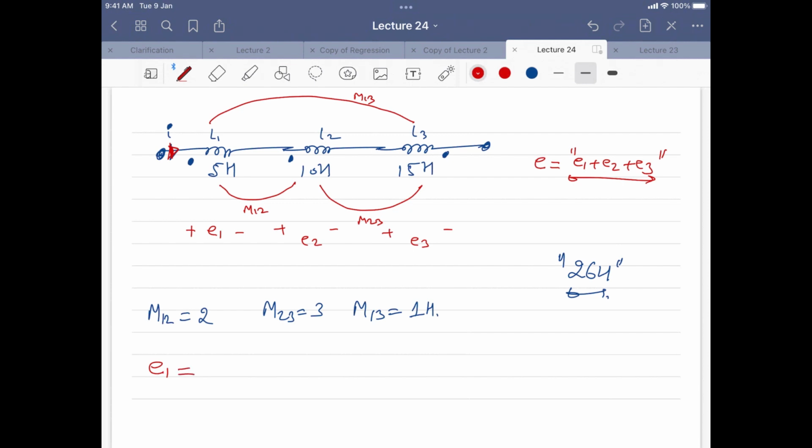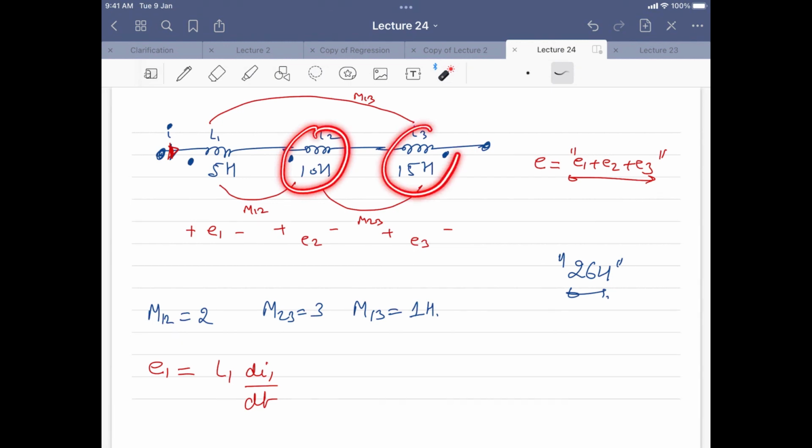What is E1? E1 will be L1 dI1 by dt, which is its own self inductance, and then we have mutual inductance coming because of this and this. What will the mutual inductance value be in this situation, positive or negative? Positive, because in both cases current is entering the dot.